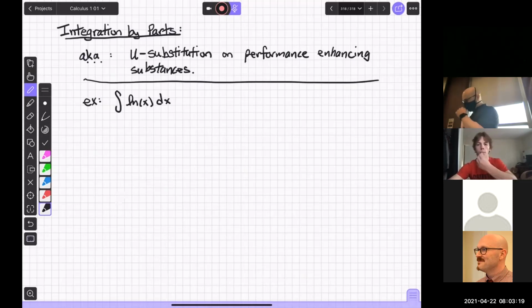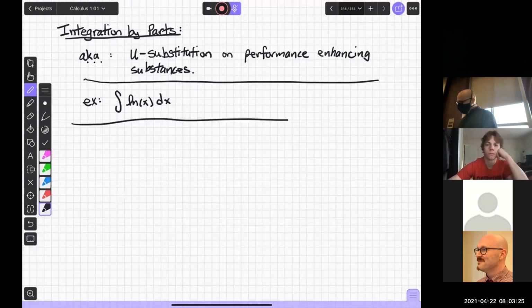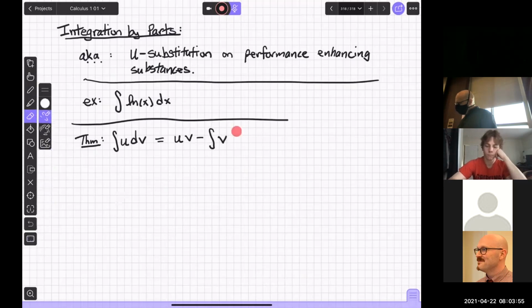Okay, so what we're going to do then is we're going to see what our theorem is. So theorem. Now, those are two different letters. It's U and V. And they're two different letters on purpose. V, du.